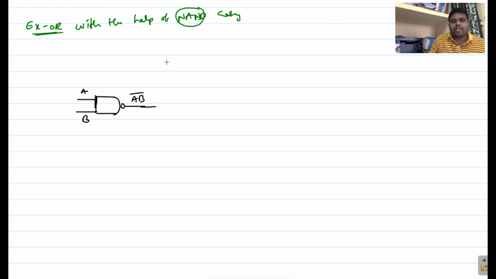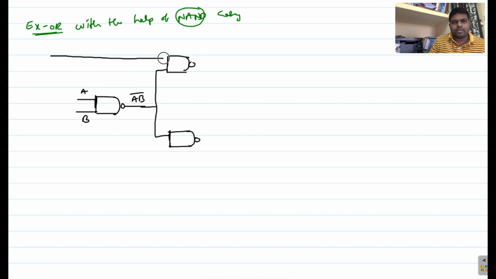Now I'm taking one NAND gate here, and here also I'm taking one NAND gate. This AB bar is connected to both the NAND gates, one input, right? And the next input I will directly connect to here.